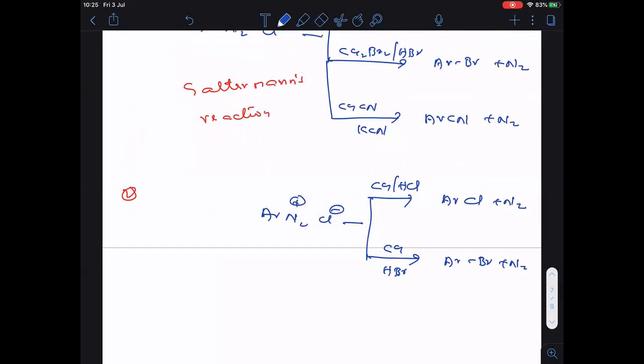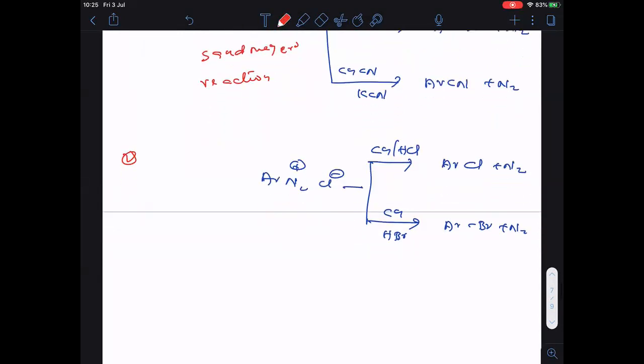I think in the previous one some mistake is there. These reactions are called Sandmeyer. Sorry, I made a mistake here. These reactions are called Sandmeyer's reactions. Okay, these reactions are called Gattermann. Sorry, please make a change here.